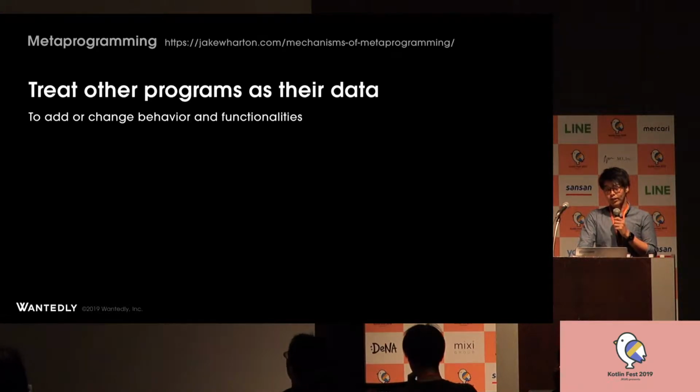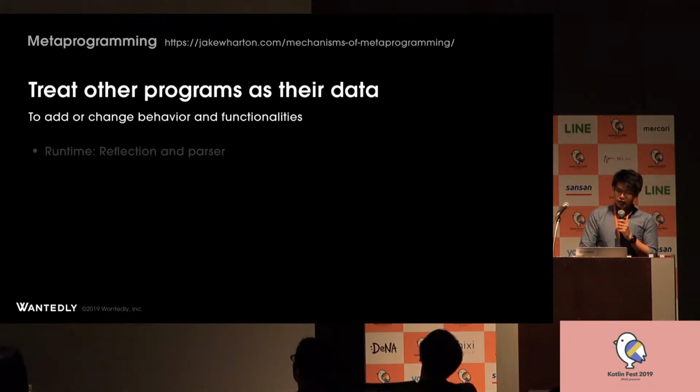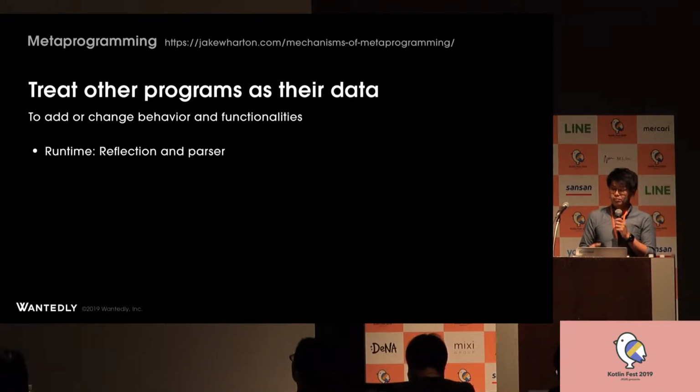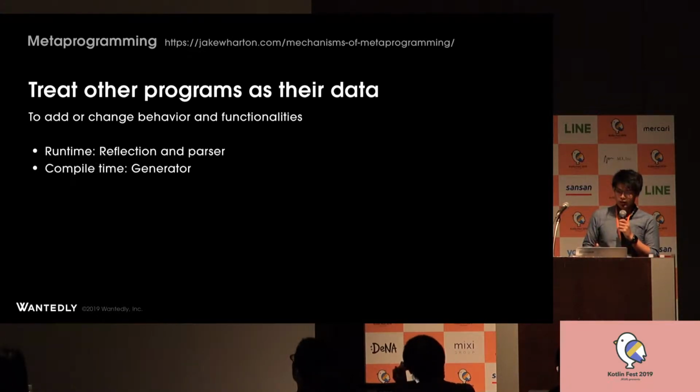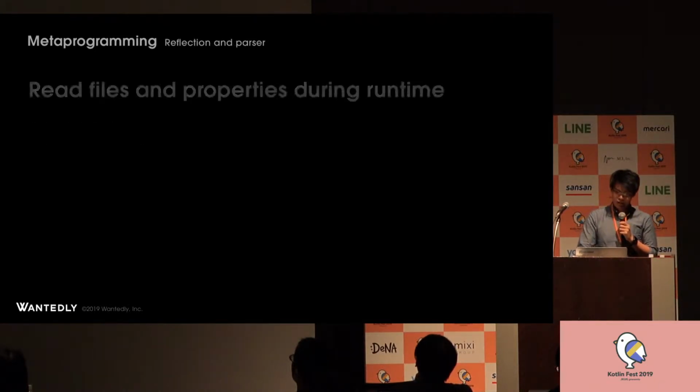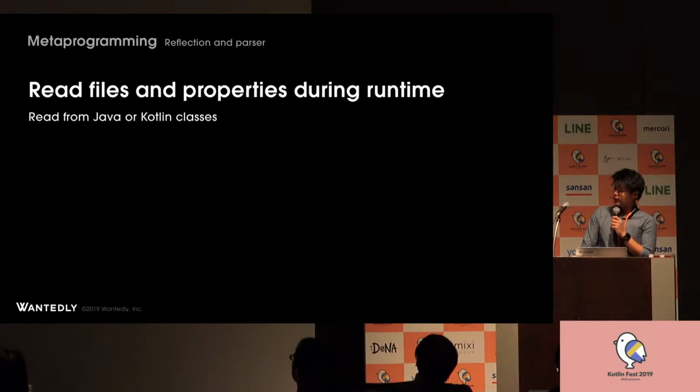And we can divide this concept into two groups, depending on when it is run. Reflection and parser, if we alter the behavior of the program during runtime. And generator, where we add functionalities to the program during compile time. In reflection, we can read files and properties of our program during runtime.